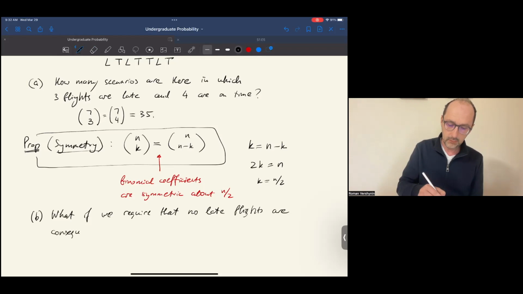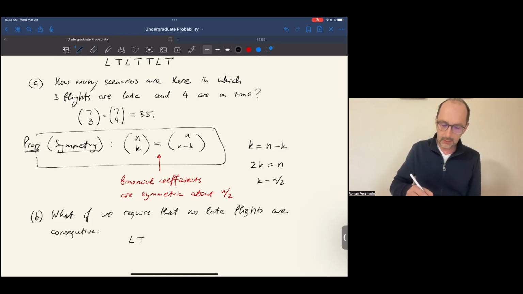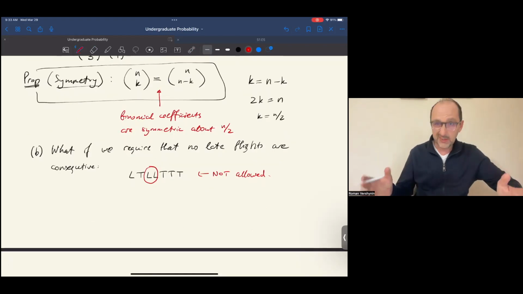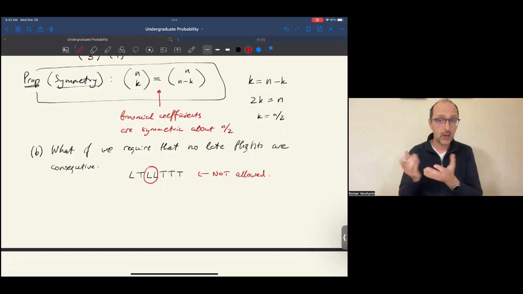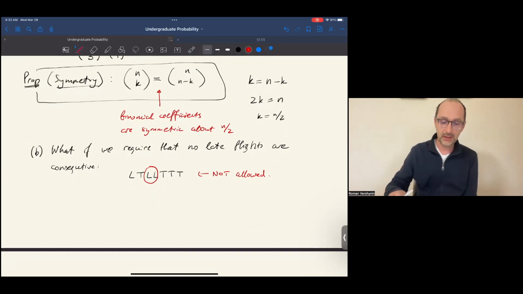That means, for instance, that if this flight is late, then the next flight may not be late. This scenario is a bad one. This is not allowed. We do not want to count that. Obviously, the number of such scenarios would be smaller. How many such scenarios are possible? It's a trick question, and I will show you how to do that in a very cute way.